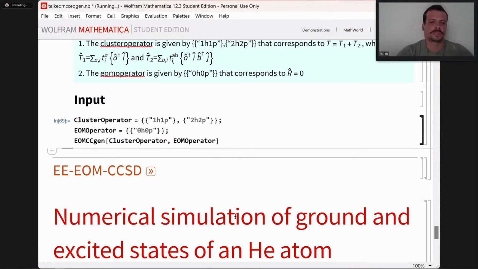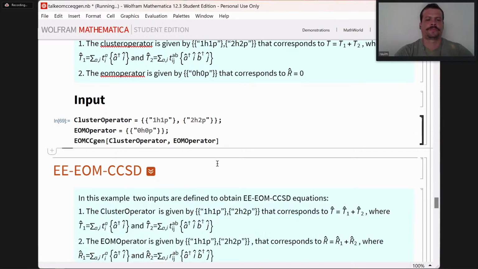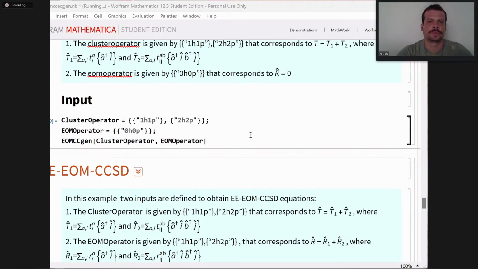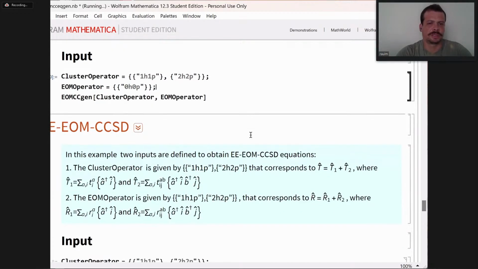But it's taking a lot because I have a lot of things open here. Let's wait a bit until we obtain the result. Okay, we can wait for the result.